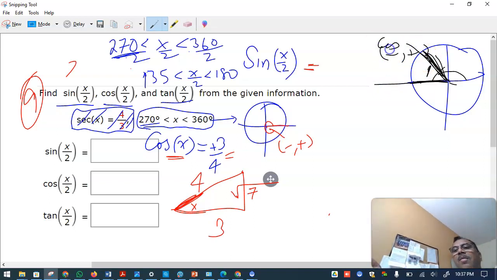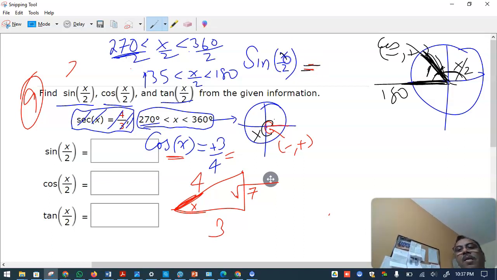So if the angle is x, this becomes x by 2. So the one that we have here is x. So x by 2 lies between 135 and 180. So there the sine is positive.